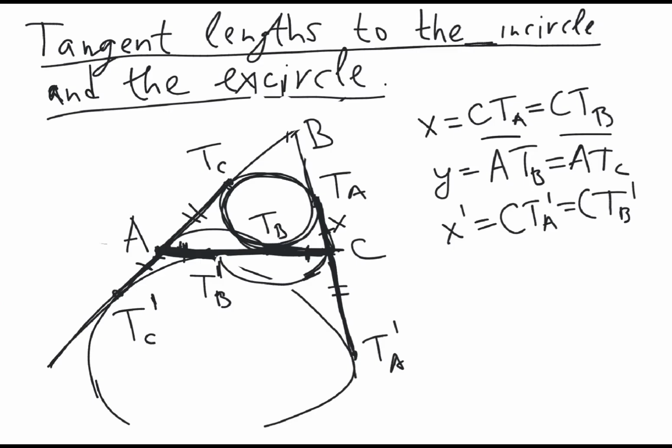So the tangent from C to the excircle, these two segments, and then Y prime we denote the tangent from A to the excircle. So ATC prime and the same as ATB prime, right? So this is Y. This is Y prime.